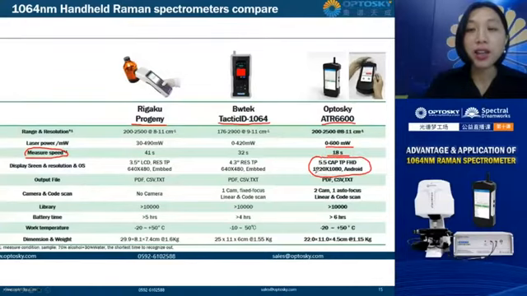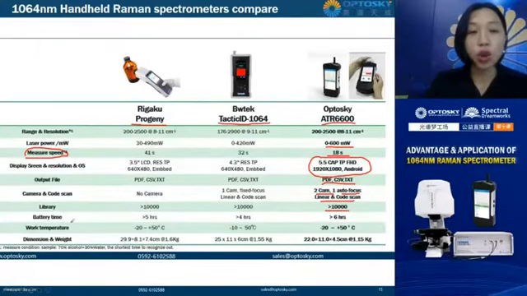The screen definition is 1920 multiplied by 1080. It uses the Android system, and it can export PDF, CSV, and TXT. And it has 2 cameras and autofocus and linear and close scan. And the library has over 10,000.